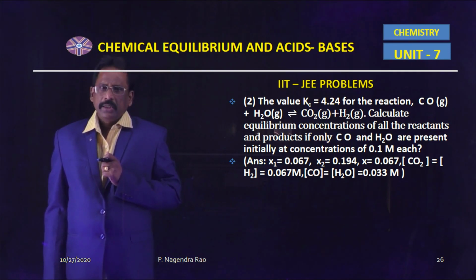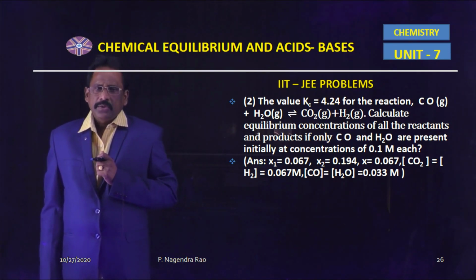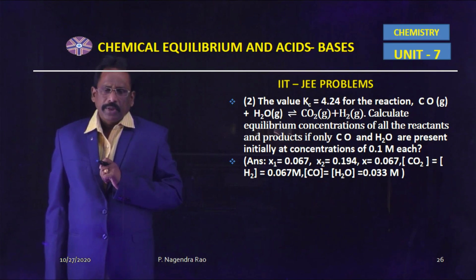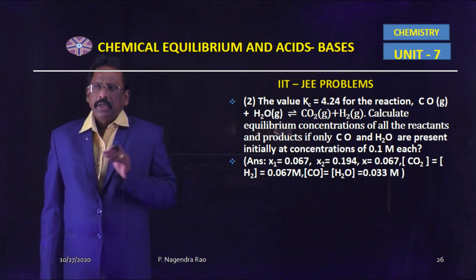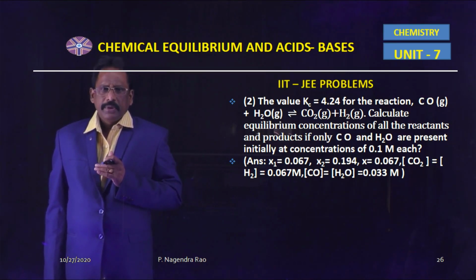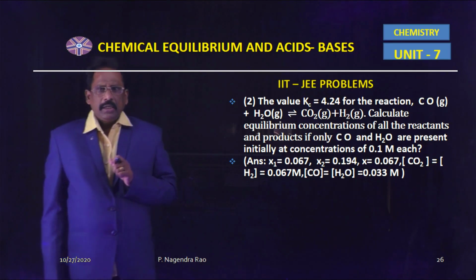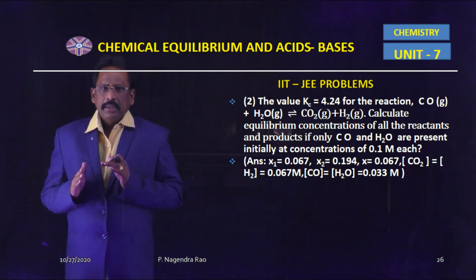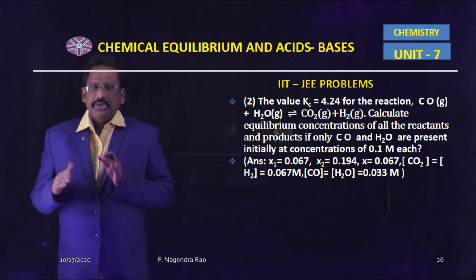Initially, for these two gases, the number of moles is equal to 0.1 mole, and find out the active mass of the reactants and the products at the dynamic equilibrium stage.